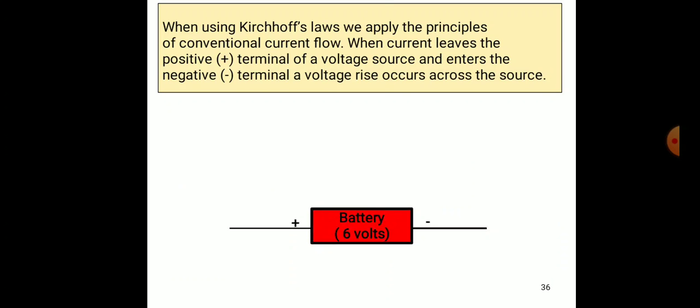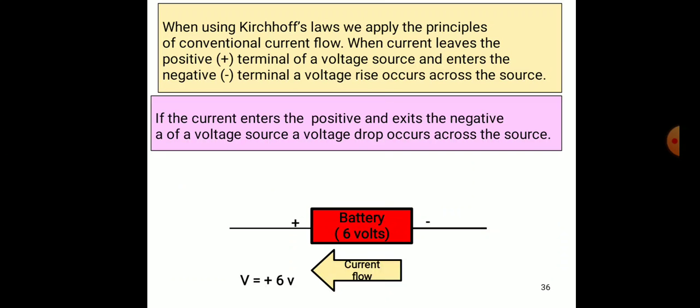When current leaves the positive terminal of a voltage source and enters the negative terminal, there is a voltage rise across the source. You can see the battery. If the current enters the positive and exits the negative of a voltage source, there is a voltage drop across the source. You can see like this, V equals minus 6 volts.